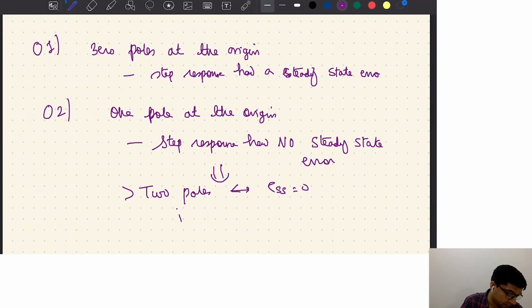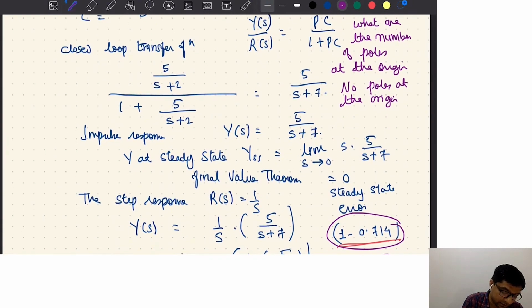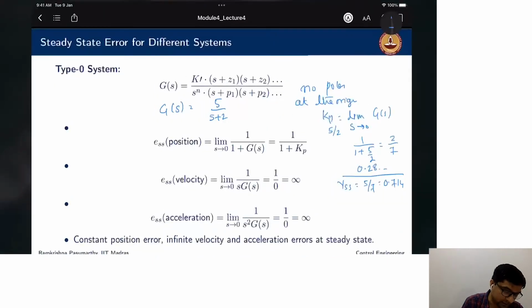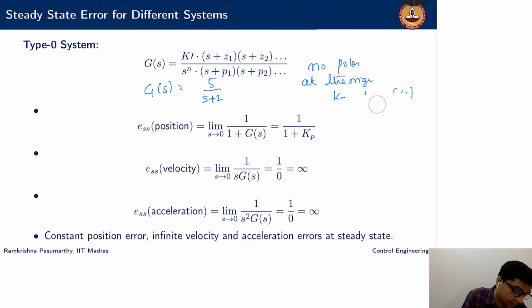So there was some steady state error. This was the steady state value, 0.714. 1 minus 0.714 is the steady state error. So this is the steady state error for the same system. Okay, so that was it for a type 0 system, where it had a steady state error.